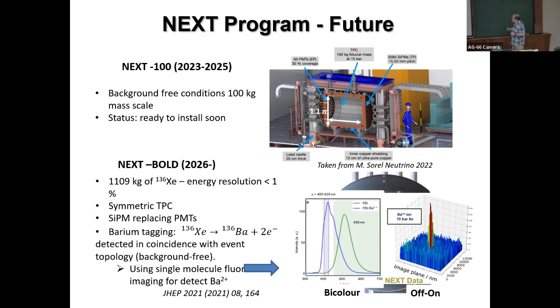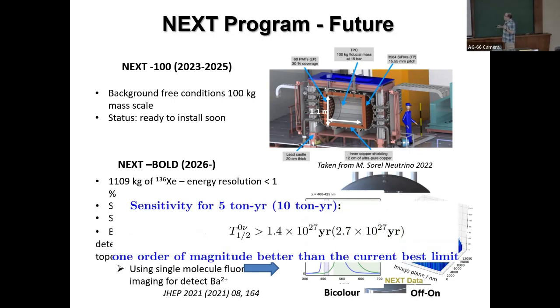The other is off-on, where the molecule works like a switch. The molecule regularly doesn't emit fluorescent light, but when it binds with barium, it emits fluorescent light. These are the two techniques they are deciding between, to find which is optimal for future use, but it's very interesting to mention. So the sensitivity is going to be very, very powerful.